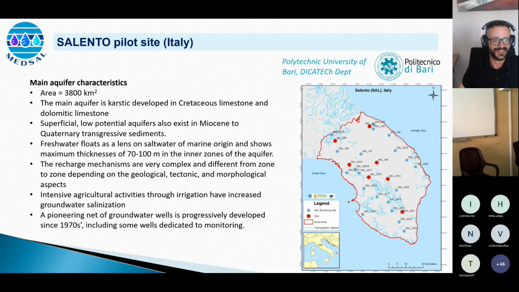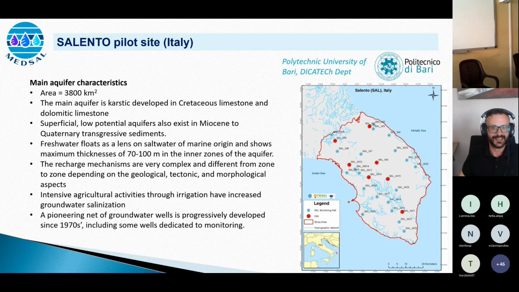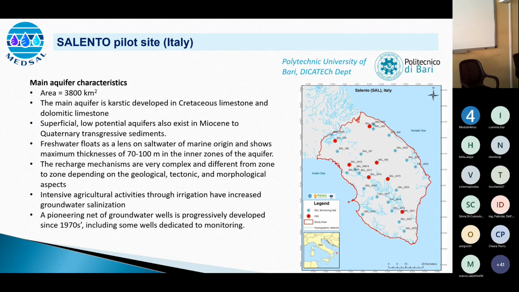The Salento aquifer is located at the southeastern edge of Italy and extends for about 308 square kilometers. So it's really a big aquifer. It's a carbonate aquifer, and the groundwater circulates in free conditions.